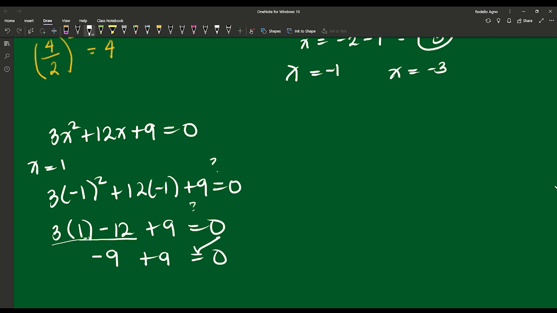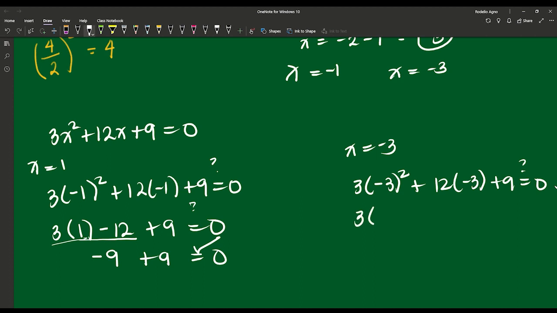Okay, so dito, sa kabilaan naman, if x is negative 3, tingnan natin kung tama. So, you will have 3 times negative 3 squared, 12 times negative 3 plus 9 equal ba to sa 0? So, you will have negative 3 squared is positive 9.